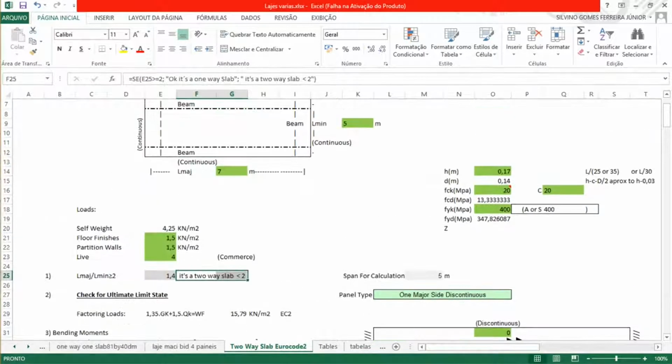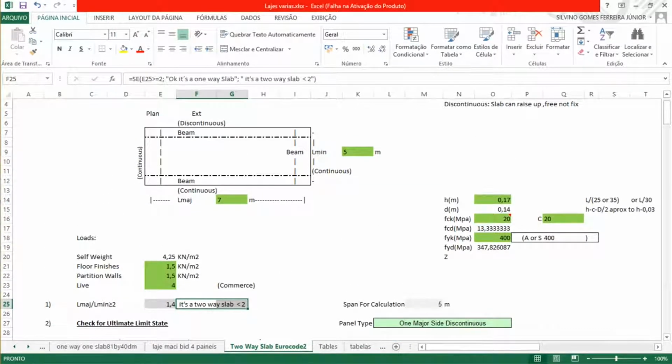We have to check to calculate the reinforcement of this two-way slab. We need to check the flexure, the bending moment, and the shear.